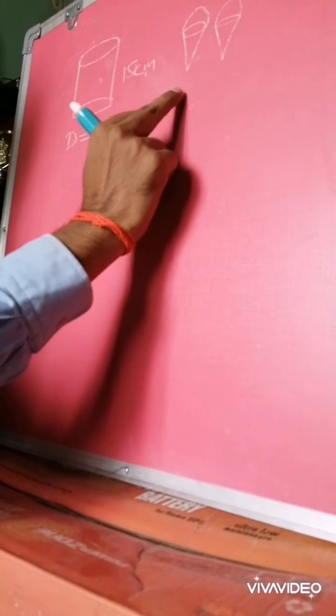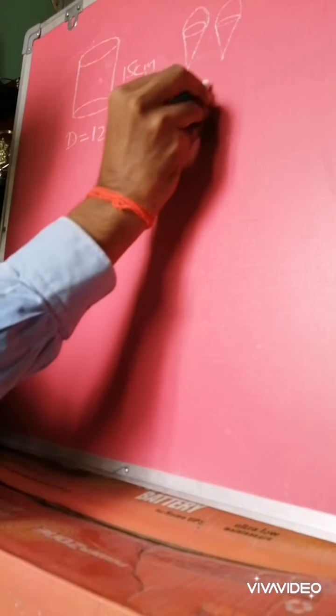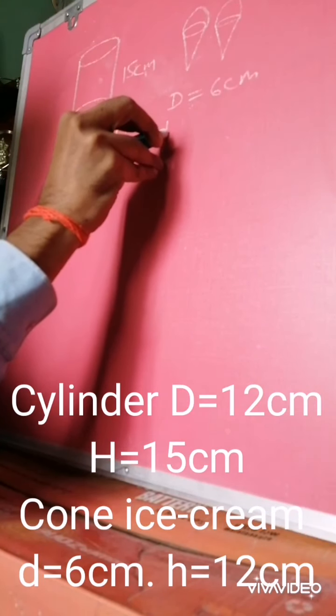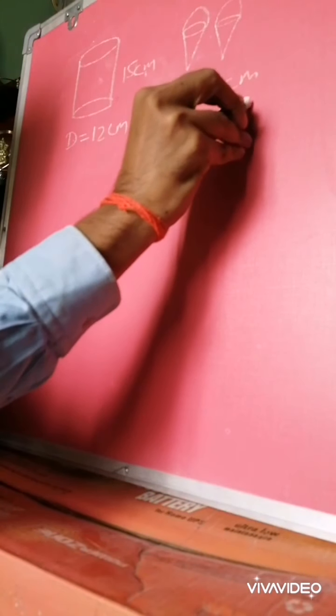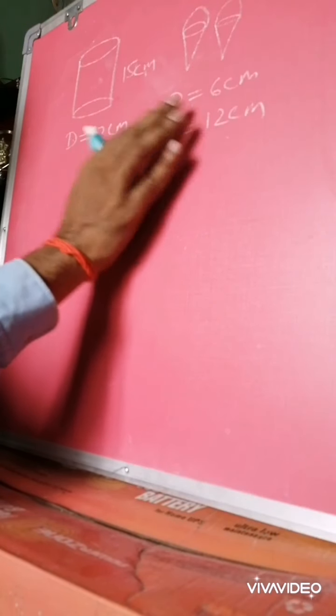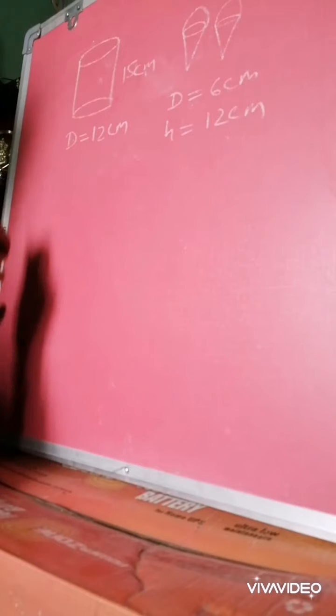The diameter of a cone ice cream is 6 cm, and the height of the cone is 12 cm. The question is, how many cone ice creams can be filled with the ice cream in the container?